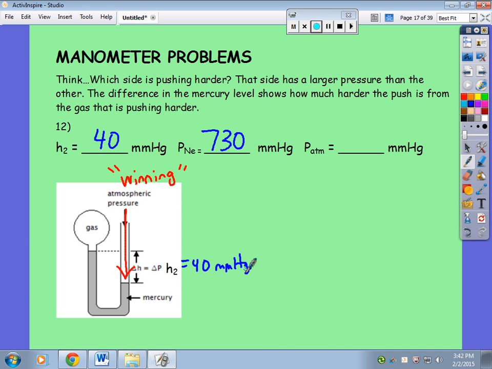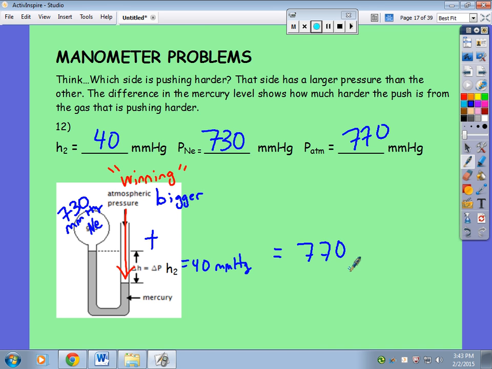And the pressure of the neon, this is neon in here or whatever gas, doesn't matter what gas it is, is 730 millimeters of mercury. Can you really read that? Okay, so who's winning? Well, the outside's winning. By how much? 40. That means this is a bigger number. Bigger than 730. By how much? 40. So you add 730 and 40, and that is equal to 770, and that's the pressure of the atmosphere. And that's millimeters of mercury, right?